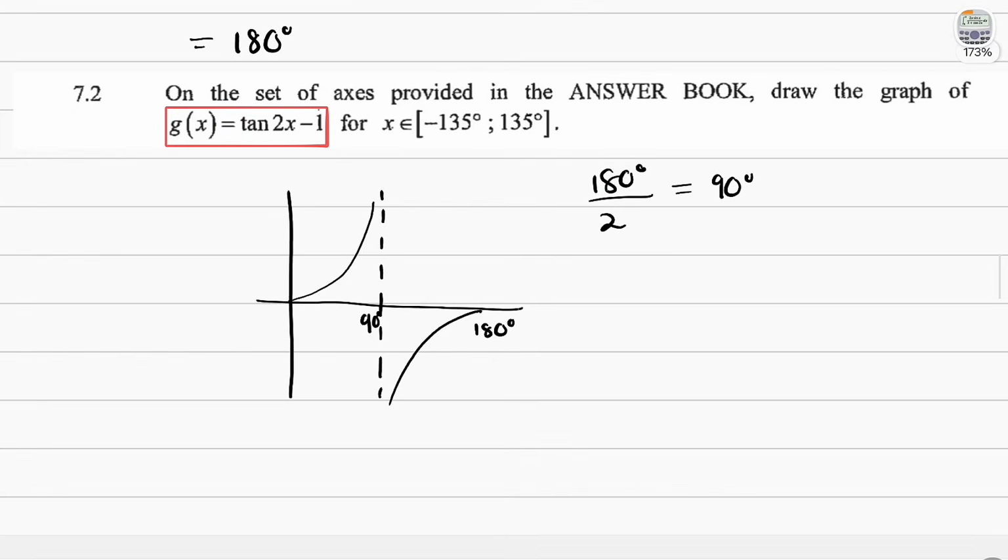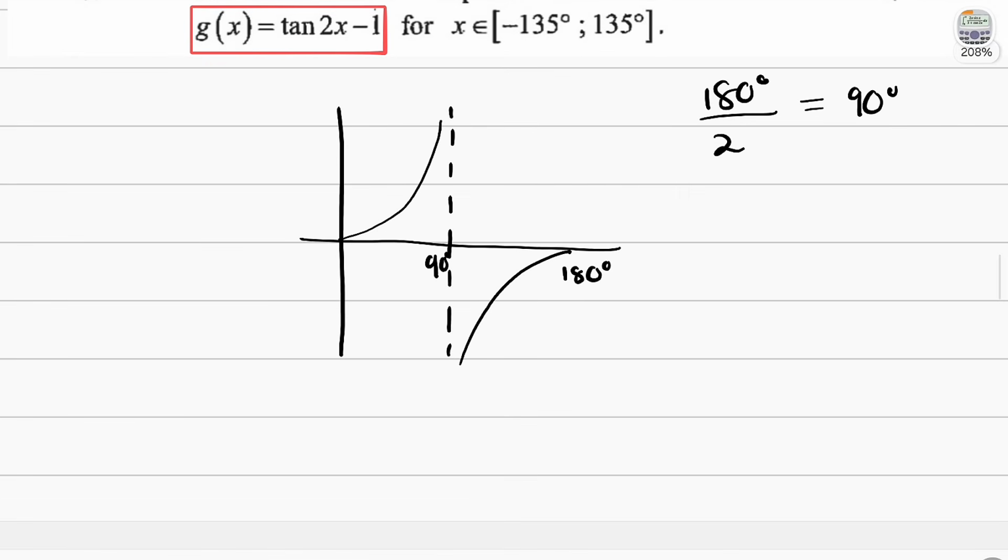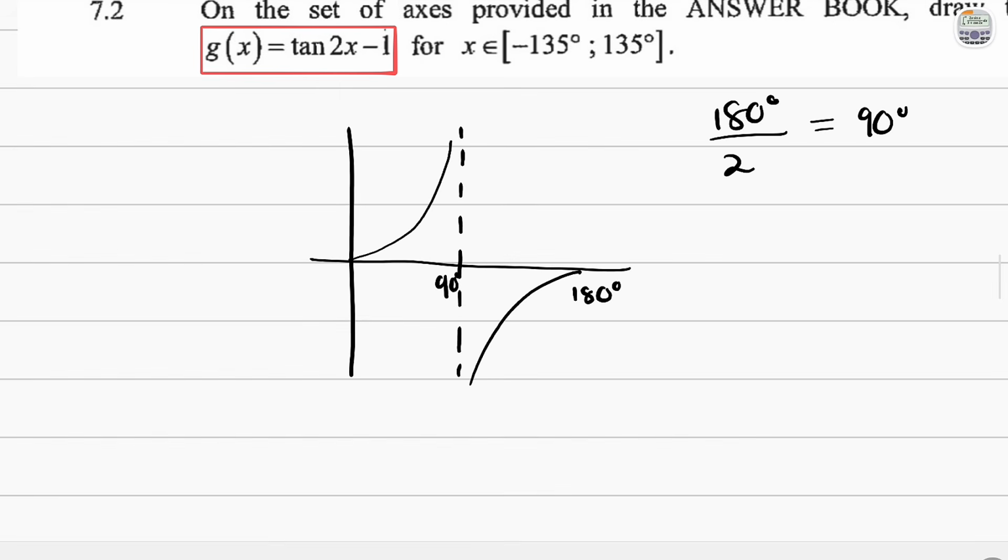So what we can do is look at what the original one looks like so we know what the manipulated one, the graph of g, would look like. There are other special points that you need to pay attention to, and that is where the tan graph has a y value of 1. On the graph y equals tan x, the original graph, it has a y value of 1 at 45 degrees.